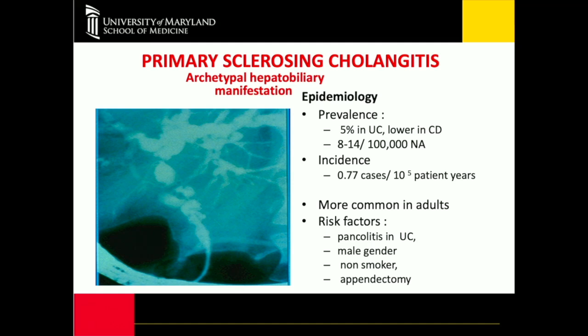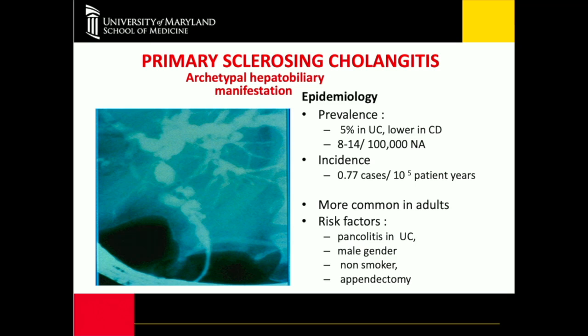Primary sclerosing cholangitis is probably the liver disease that we all associate most frequently with IBD. It is the typical liver disease. In terms of its prevalence, it affects about 5 to 7% of those with ulcerative colitis, less common in Crohn's disease.